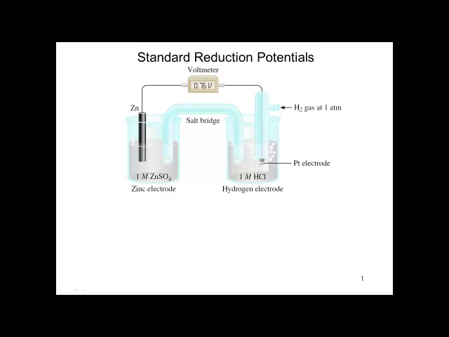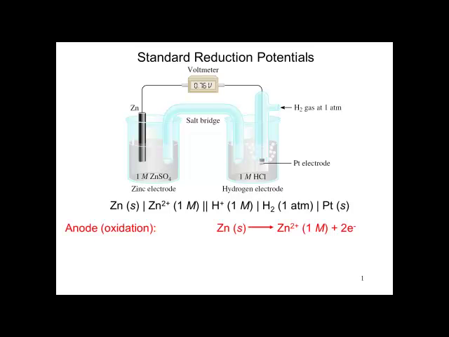Standard reduction potentials. Consider this cell that's composed of zinc in contact with zinc sulfate, and on the right-hand side we have a hydrogen electrode where the hydrogen is hydrogen gas with a platinum electrode. The cell diagram is zinc | zinc 2+ in contact with H+ and H2, being hydrogen at 1 atmosphere with a platinum electrode.